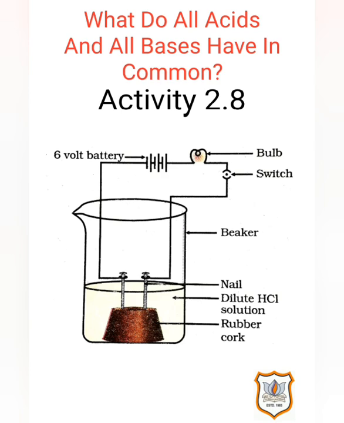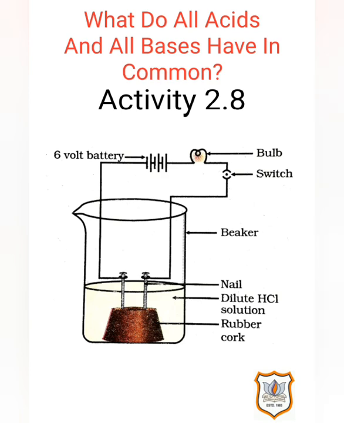Now pour some dilute hydrochloric acid HCl in the beaker and switch on the current. Now repeat this experiment with dilute sulfuric acid H2SO4. Observe it carefully. Now again repeat the experiment separately with glucose and alcohol solutions and observe it properly.